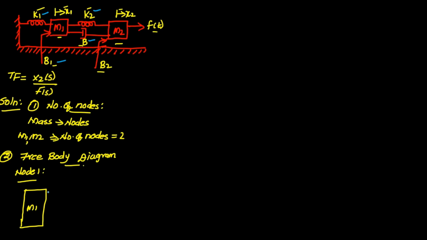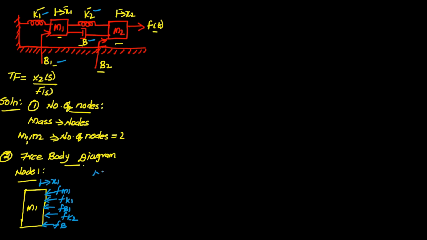So we have opposing forces like F M1 and due to K1 that is F K1 and due to B1 that is F B1 and due to K2 that is F K2 and due to B that is F B. Okay. And the displacement connected to this node is x1.